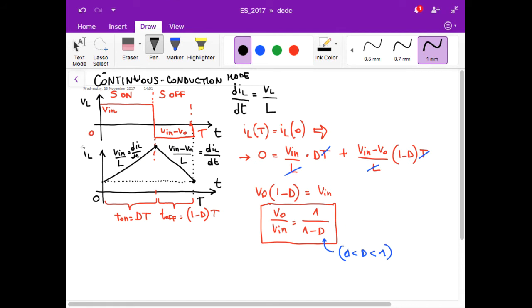So let's assume that we are reducing the average current in the inductor. If we reduce the average current in the inductor, we move down this line, and at some point we reach the horizontal axis. We reach a situation in which the minimum for IL is equal to 0. That is an important thing to understand because we cannot go below that. You should consider that during T-off, the current IL goes through the diode.